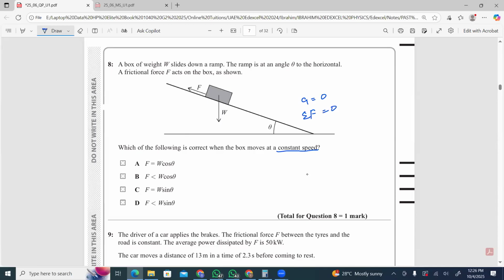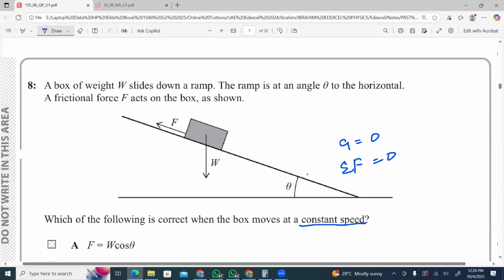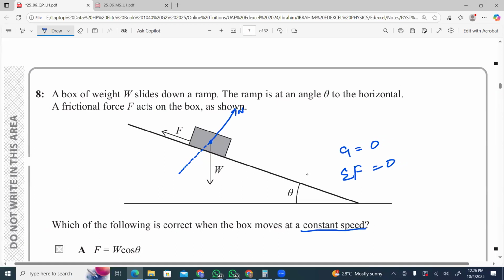So when the sum of forces is zero, how can you see that? First of all, the weight is acting downwards, and the normal force is acting this way, correct? Then you need to divide the weight into its components, correct? So this is theta and this is 90, correct?